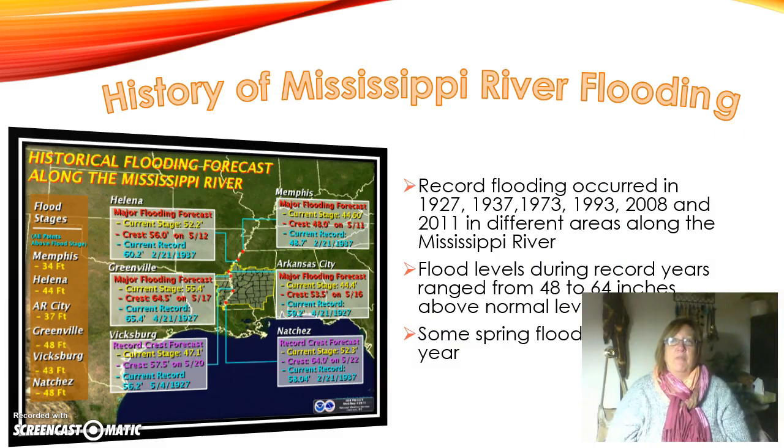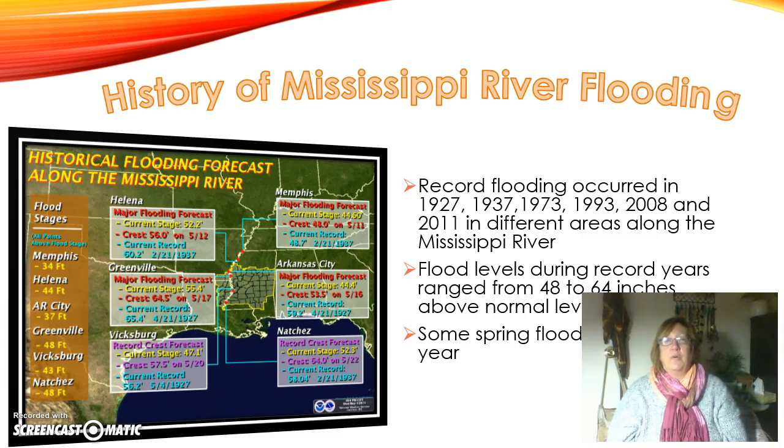History of the Mississippi River flooding. It has record flooded in 1927, 37, 73, 93, 08, and 2011. I put in here 48 to 64 inches, but in looking at the picture, it's 48 to 64 feet above normal levels.